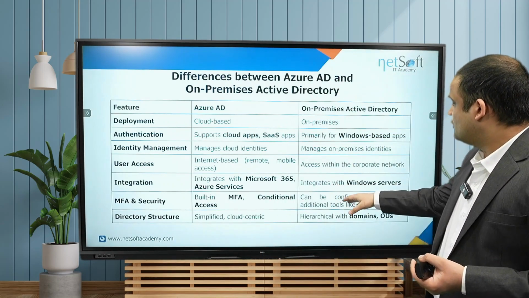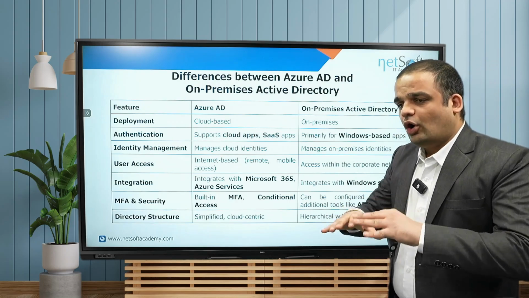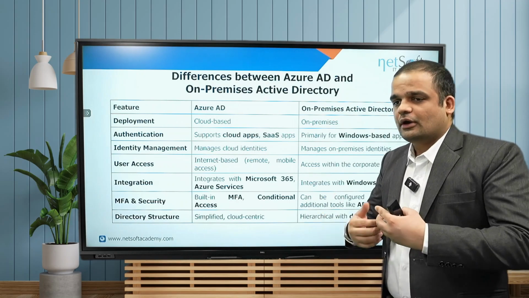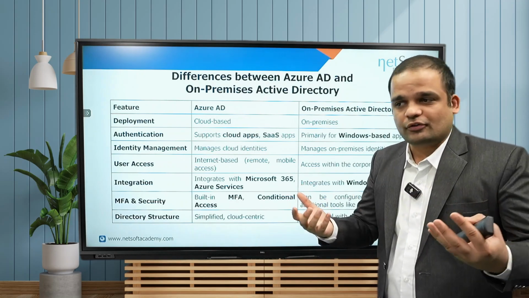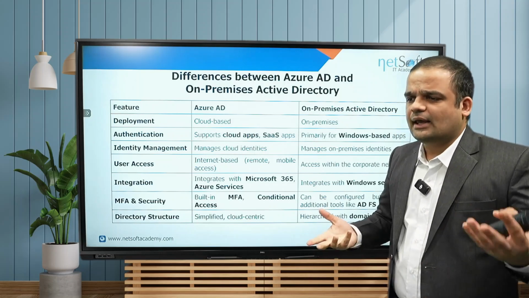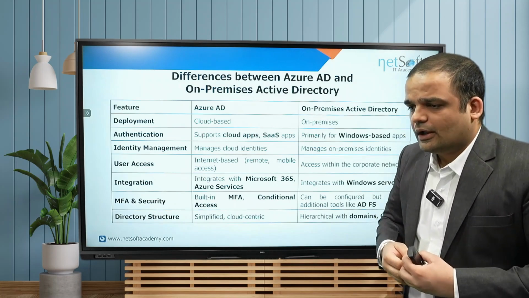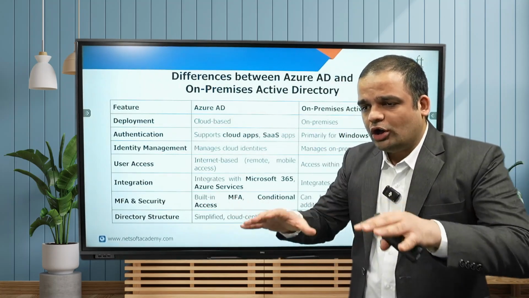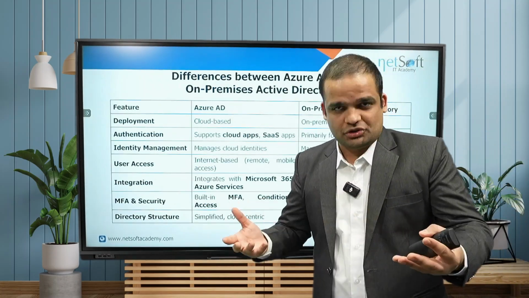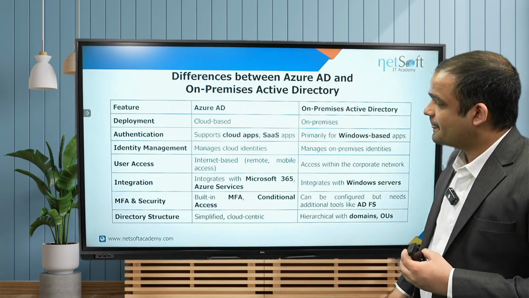Here, it integrates with Windows servers, or you can say all the on-prem server compatible software or solutions, like the old school SCCM, SCOM, or DPS, or any on-prem server solution can integrate with on-prem AD.